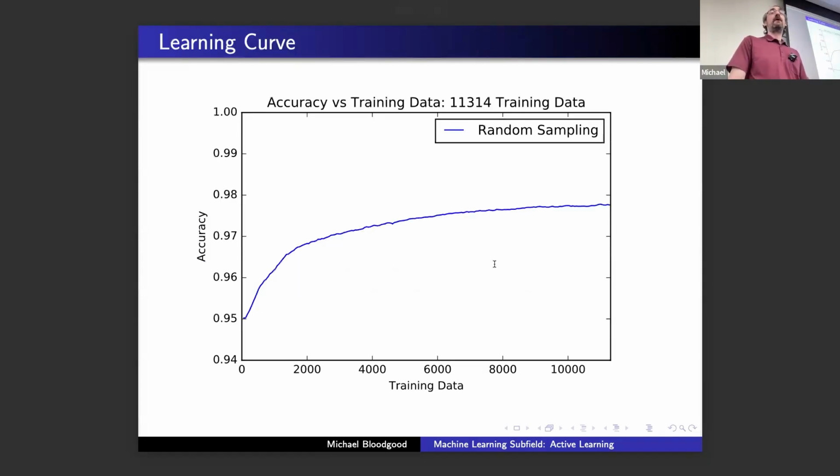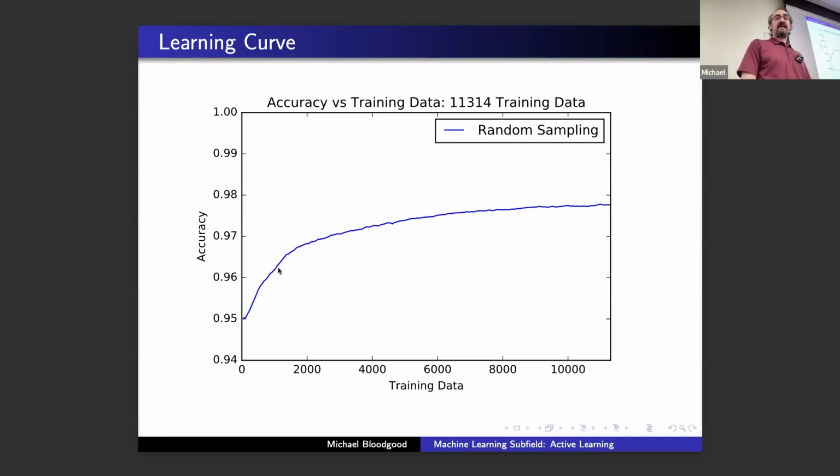So here's a graph showing that, since sometimes a visualization helps make a point clearer than the words. We refer to this as a learning curve. The y-axis has the accuracy of the machine learned system. The x-axis has the amount of training data that the machine was trained on.